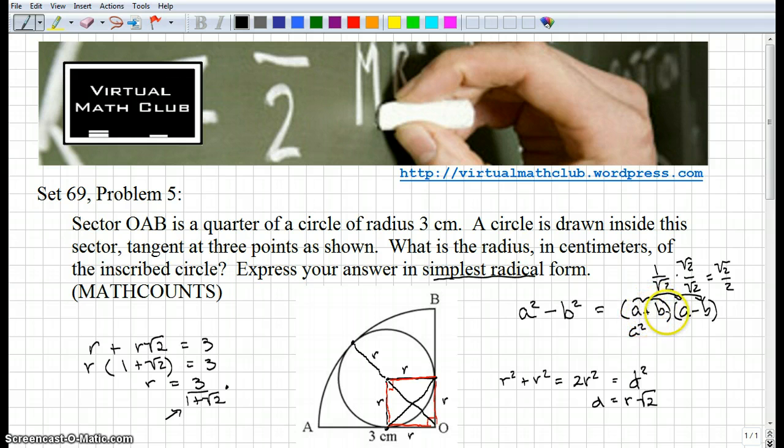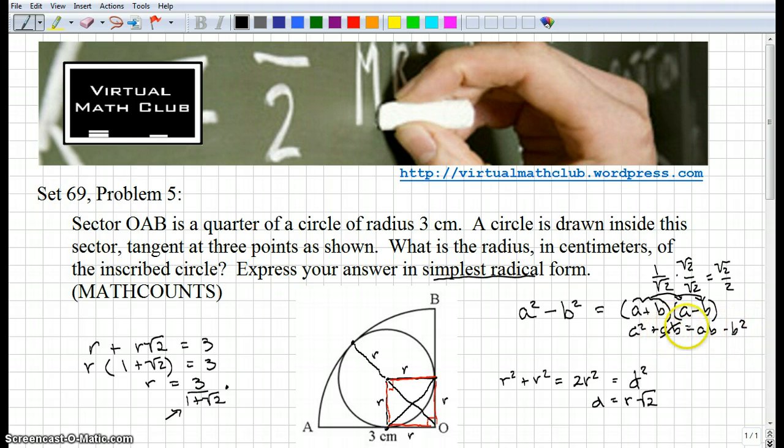So we're taking a plus b times each of these terms, so we'll get a squared plus ab. I just multiplied a times both of these terms. Now I need to multiply the negative b, so we end up with negative ab, and we'll get minus b squared.